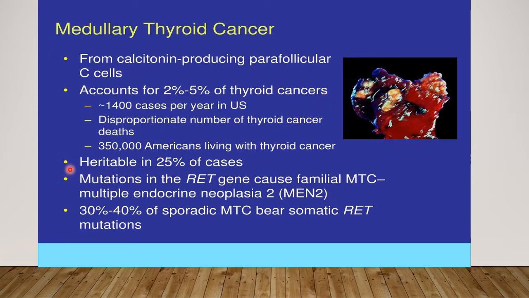And there is a heritable possibility in about 25% of cases due to mutations of the RET gene, which causes the familial MTC, which is related to multiple endocrine neoplasia 2 or MEN2.